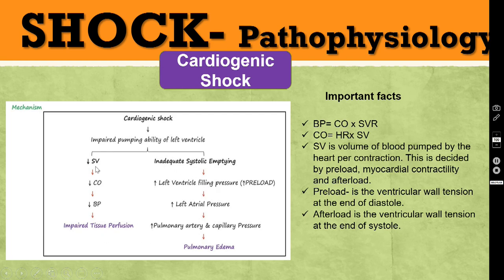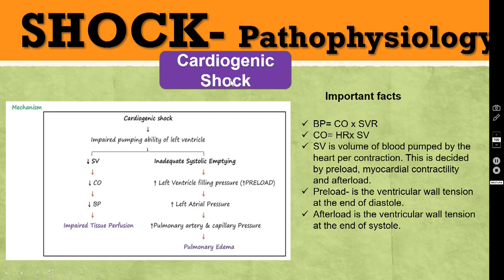Because of this decreased stroke volume, that is because of inadequate systolic emptying, that results in increased left ventricular filling pressure or increased preload. This results in increased left atrial pressure. This left atrial pressure in turn will increase the pulmonary artery and capillary pressure, that eventually will result in pulmonary edema in cardiogenic shock.